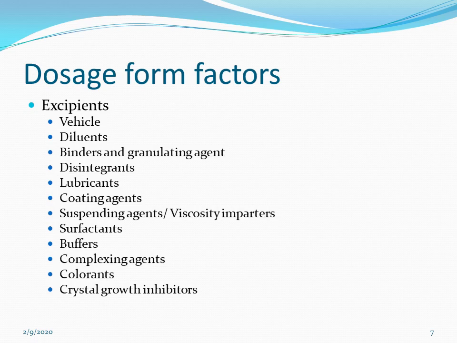Moving towards the complexing agents, for example, EDTA. EDTA is a metal chelator which is used in the formulation. Sometimes this complexing agent forms an insoluble complex with the API and retards the drug dissolution.